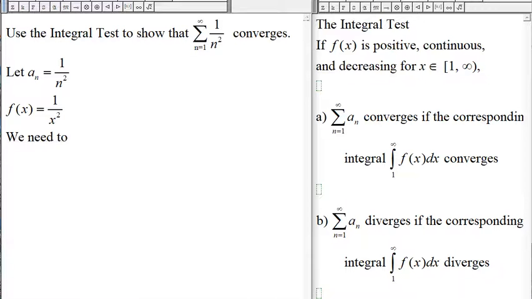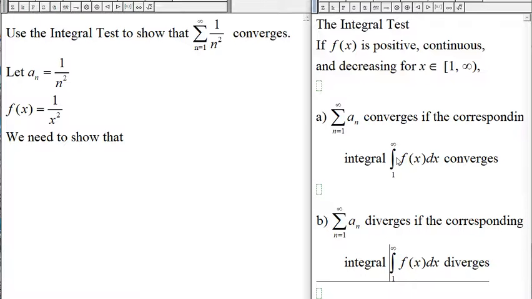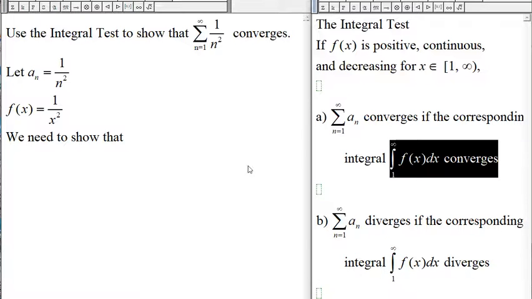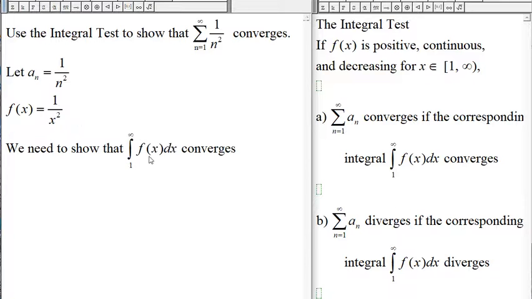And we need to show that this integral right here converges. Specifically, we need to show that the function f of x, which is 1 divided by x squared, converges.